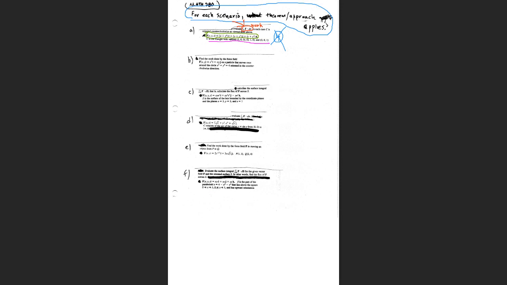But Green's theorem cannot be used for scenario A. For scenario A, choice 4 would not be correct.